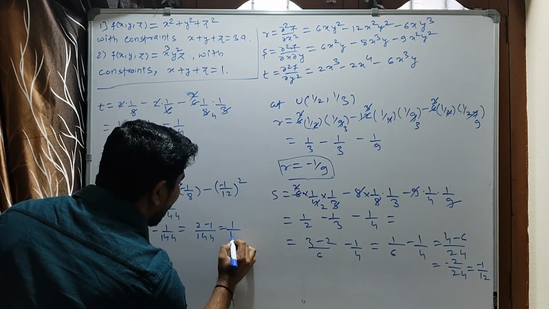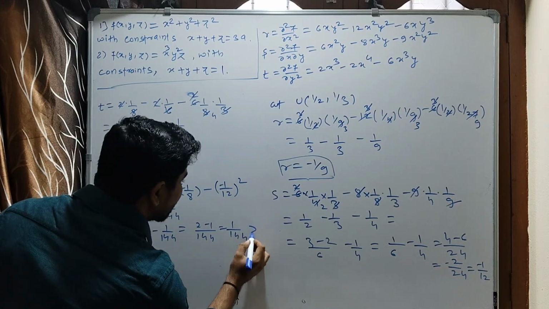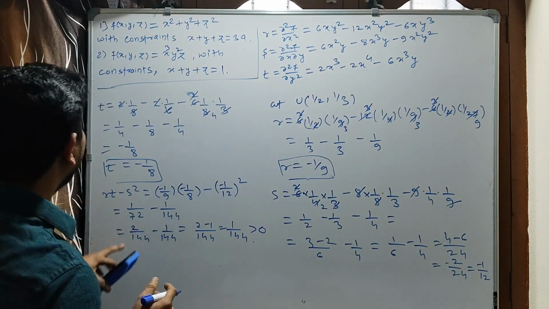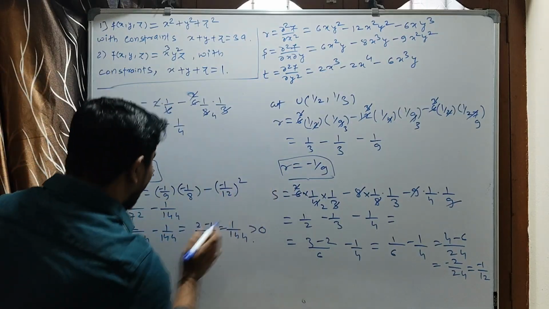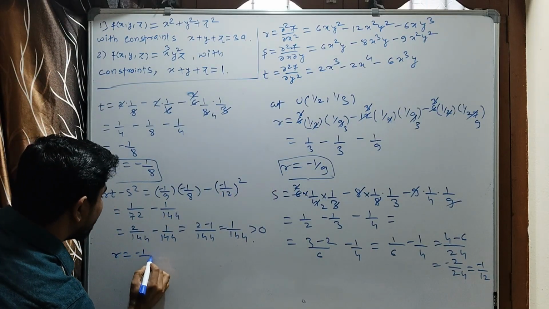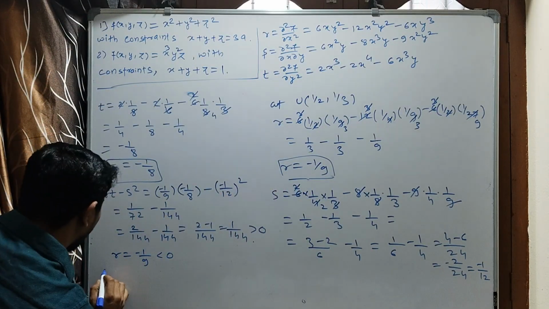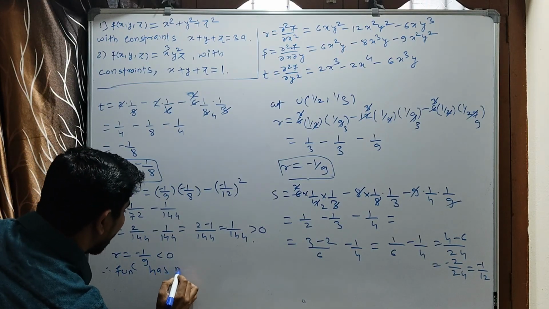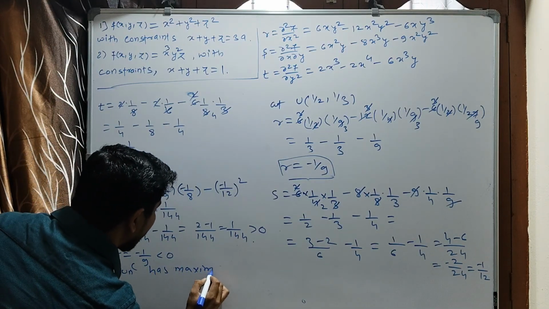Which is greater than 0, that is rt minus s square is greater than 0, and you can check r equal to minus 1 by 9, which is less than 0.